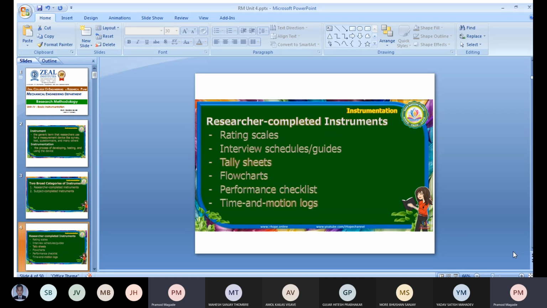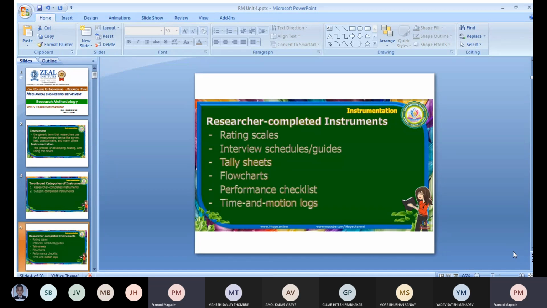A co-guide is also required. So what does co-guide mean? A guide who is not related to that particular institute, but who helps you by giving the path to solve this problem or to cover that research gap. That is an important role for the completion of the research, and proper guide requirement is part of the instrument.